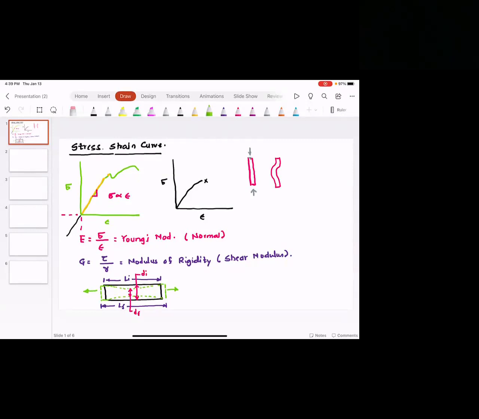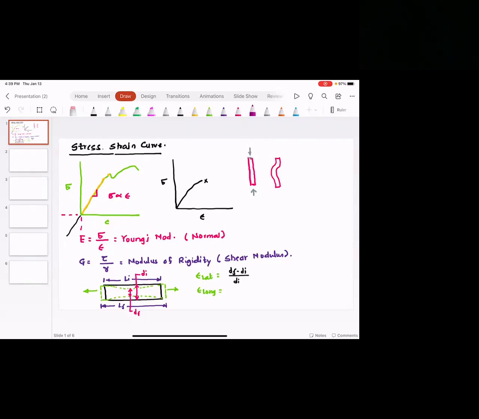So what I'm going to do is find out the lateral strain and the longitudinal strain. The equation for strain is the same: final dimension minus initial dimension divided by initial dimension. So for lateral, this is going to be d_f minus d_i divided by d_i.